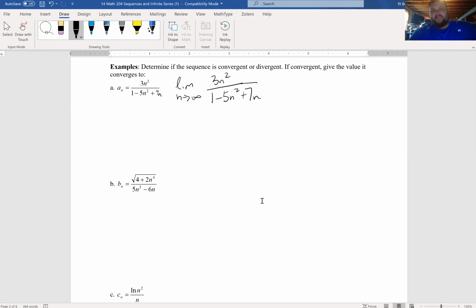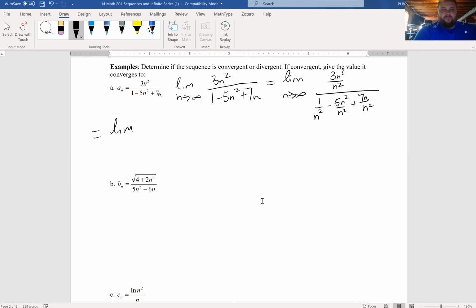In this case, it is n squared. So I'm going to divide every single term by n squared. And I'm sure some of you are going, well, that's great, but why are you doing that? I will show you in just a second. So I divide everything by n squared.